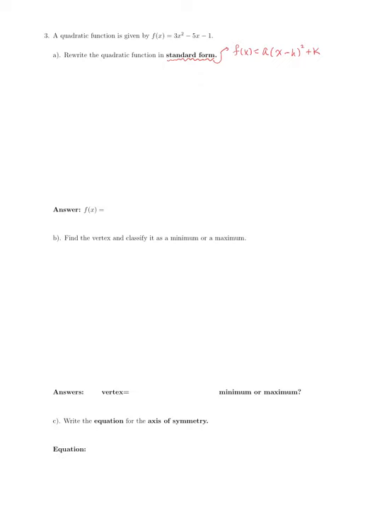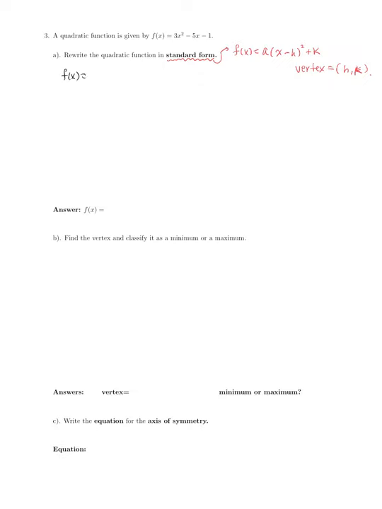Now, if you have this equation, then your vertex is going to be h comma k. That's a k, sorry. Whoops. Okay, so keep that in mind. So in order to make the general form into a standard form, we're going to have to complete the square.